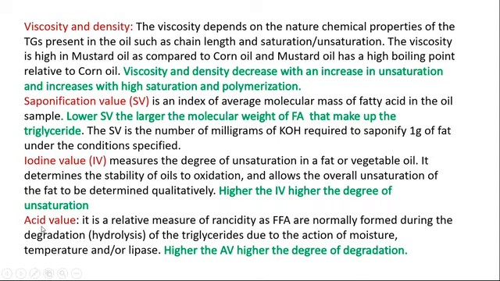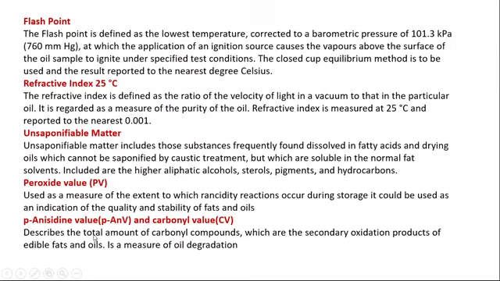Acid value measures the content of free fatty acids, and it gives you a measure of the rancidity. So the higher the acid value, the higher the degree of degradation, whether it is by hydrolysis or by oxidation.